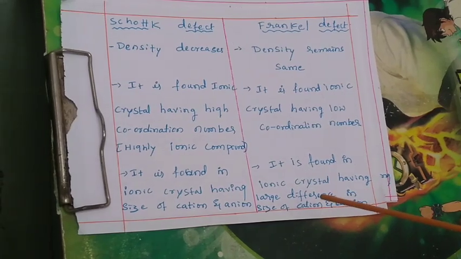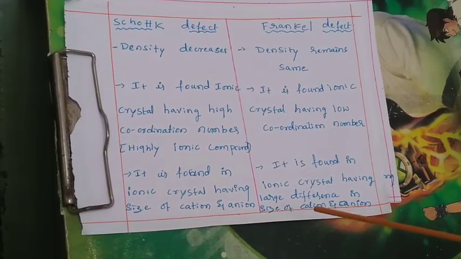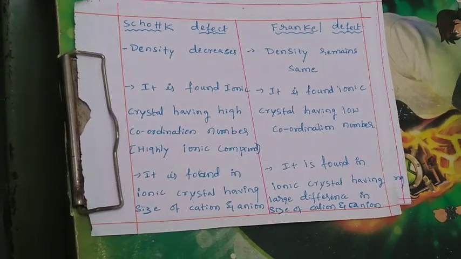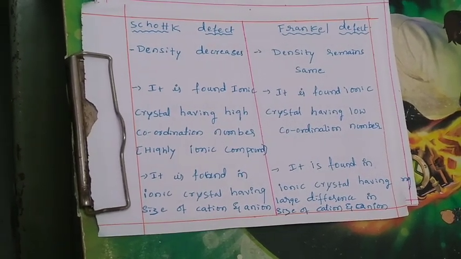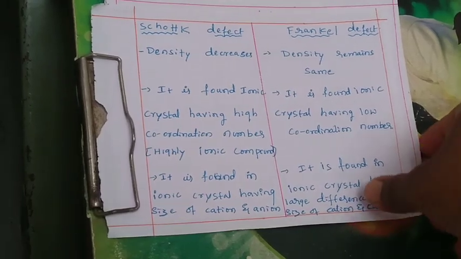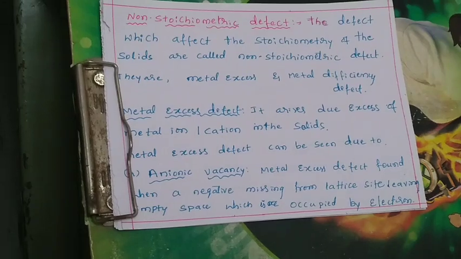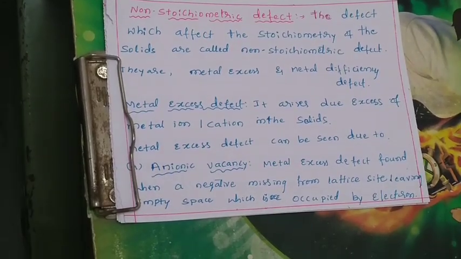Here it is found in the ionic crystal where there is a large difference in the size of the cation and the anion. Next, we shall move on to the non-stoichiometric defect.